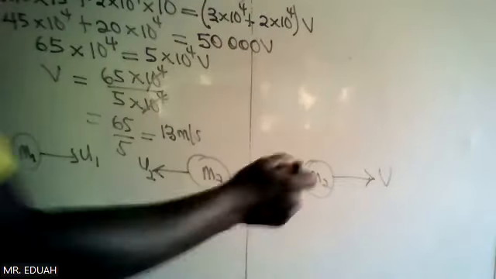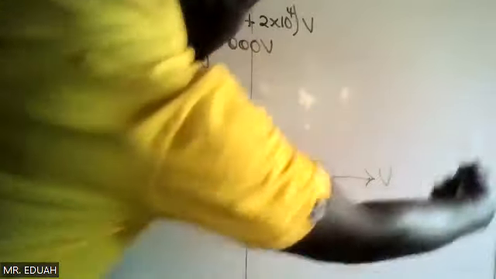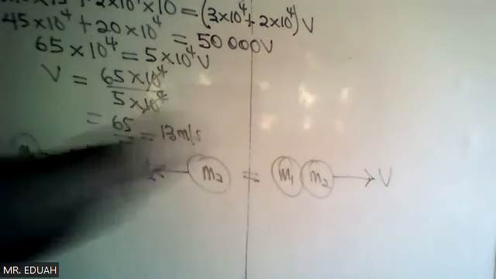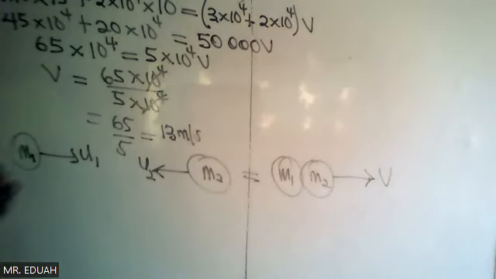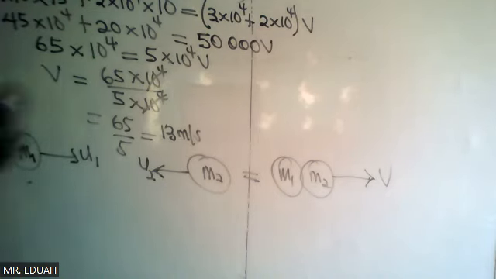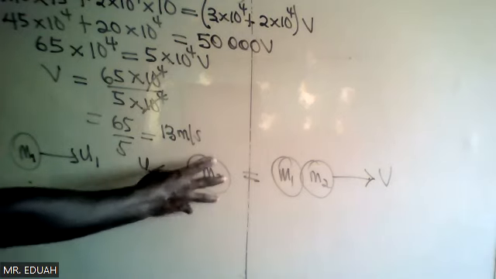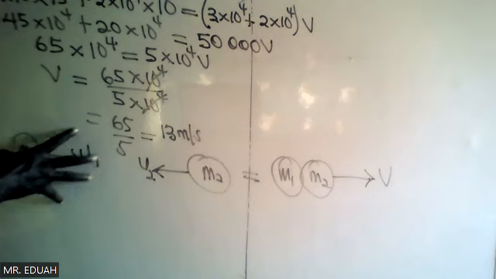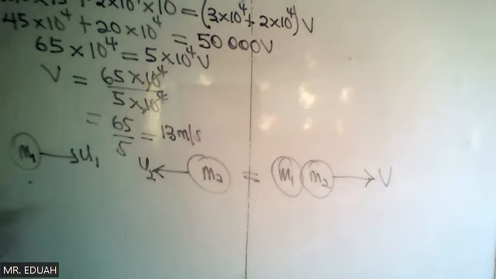And here the value of V will tell whether after collision they will still be moving here or they will go to the right or left. So the only difference here is that we will subtract the momentum of this from this one because this has a greater momentum than this.